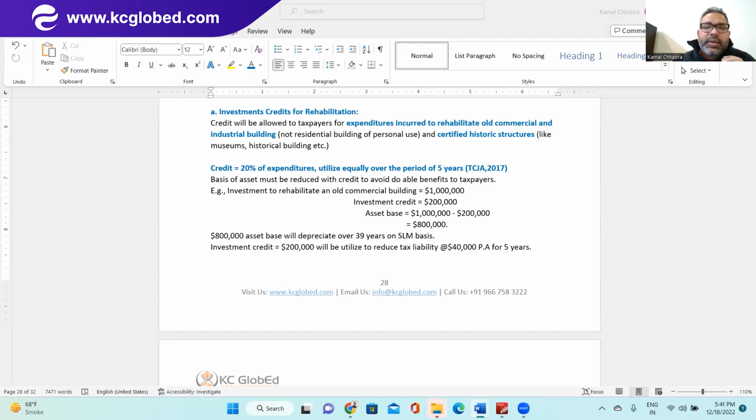If you are taking the tax credit, how much amount will you be reducing from the asset base? Sir, the same as the investment credit. Sir, what is the investment credit? Sir, how much we have invested, 20% of the expenditure.